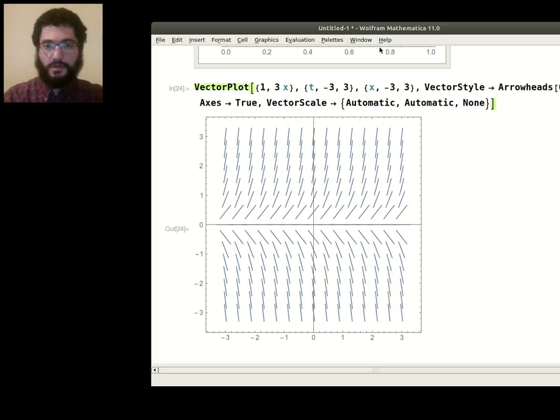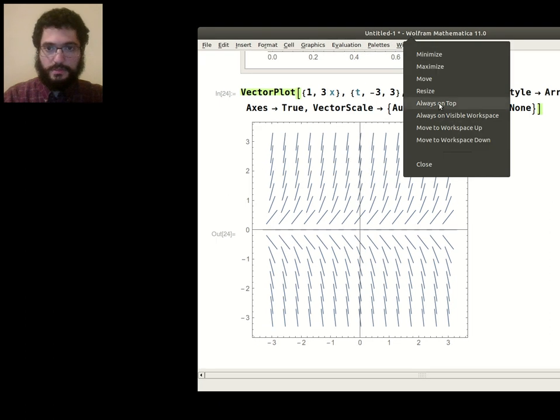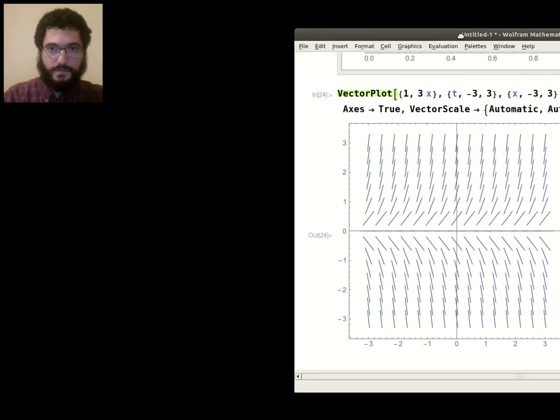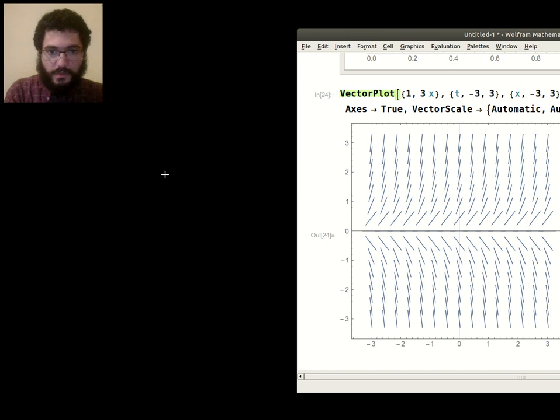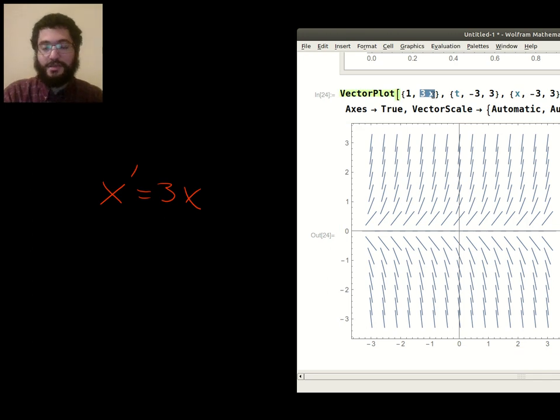Okay, one more thing here. If you remember our infection model, x prime equals 3x, we can make a slope field for that, and it looks like this. So here all I've put in is the information of the differential equation. I have not put in anything to do with the solution we found.